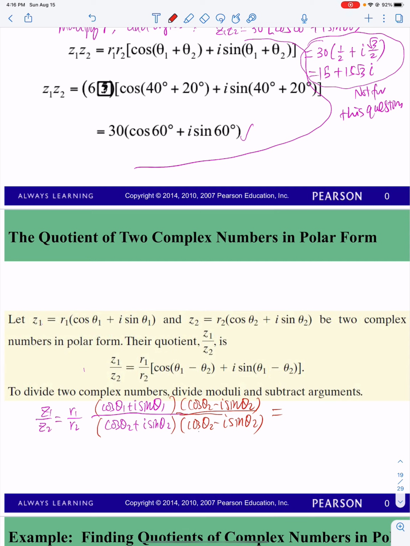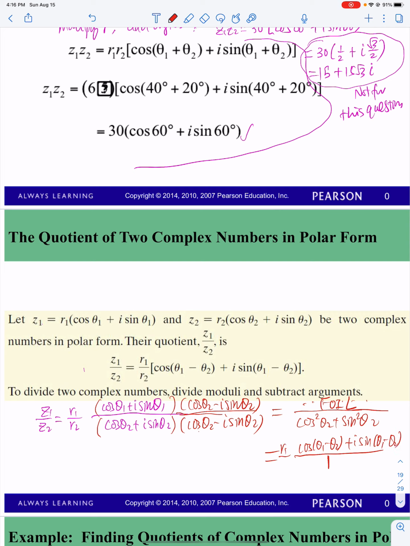a squared plus b squared, yeah? So it will be what? Cosine squared theta 2 plus what? Sine squared theta 2. What will you do? You do exactly the same thing as before. FOIL. I will not write it because I do not have enough space. And cosine squared plus sine squared is what? 1. And then on the top you have what? Cosine theta 1 minus theta 2 plus i sine theta 1 minus theta 2.